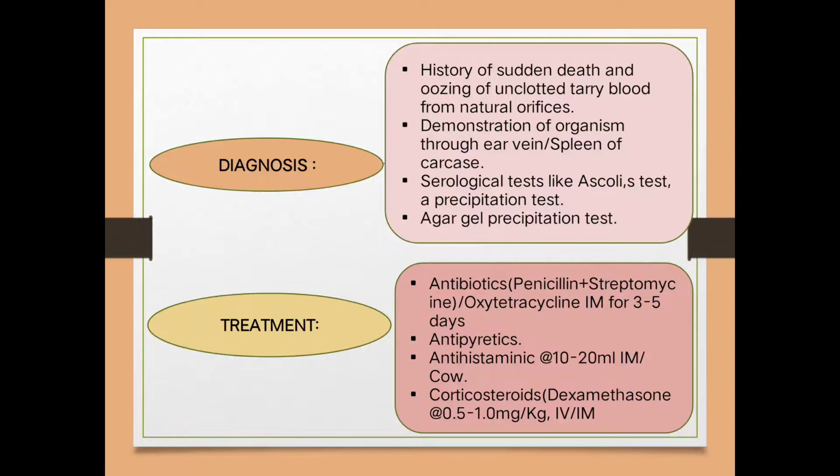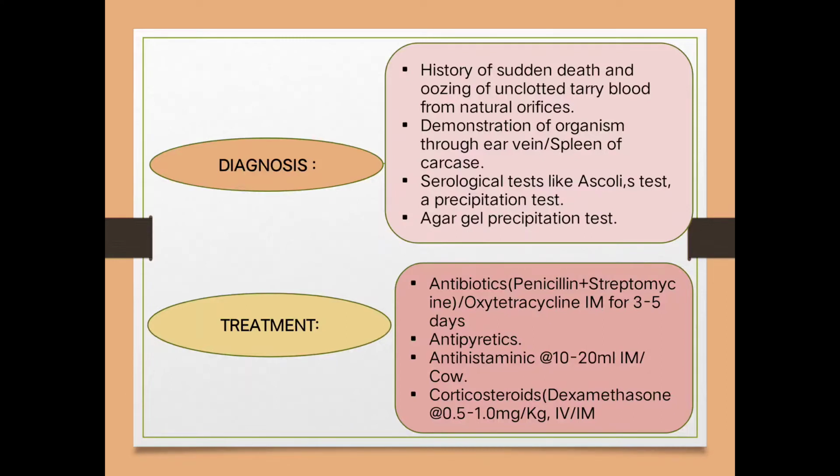So we have to burn or bury the animal, and during burying we have to use calcium carbonate, that is limestone, which reacts with the carcass, thereby producing carbon dioxide. As we noticed earlier that these organisms are aerobic bacteria, whenever we bury these animals with limestone, it reacts with the carcass, leading to the formation of carbon dioxide. So the anaerobic condition will hinder the formation of spores. Ultimately we will prevent further infection because of spore formation. This is about the prevention and control aspect.